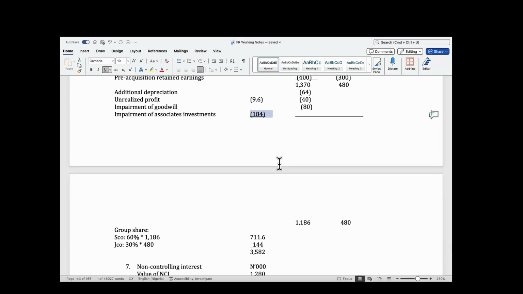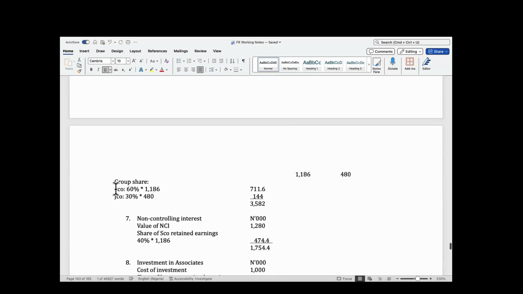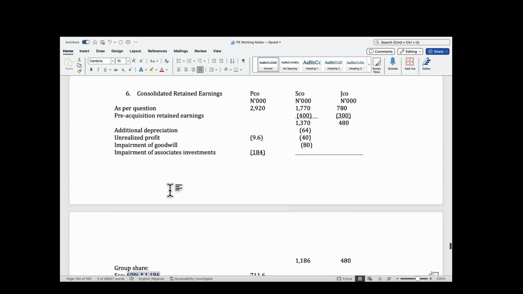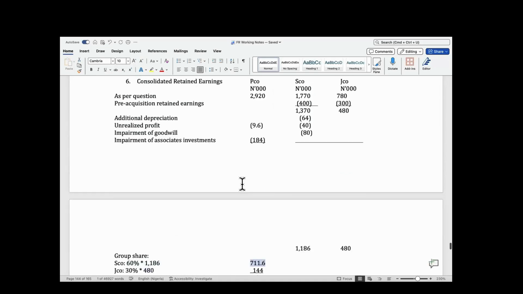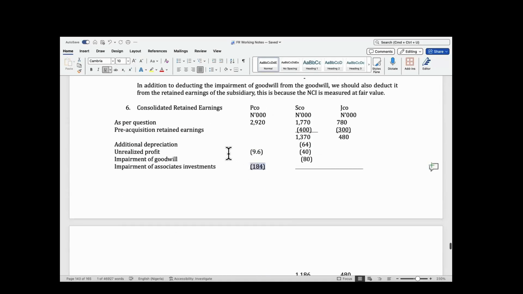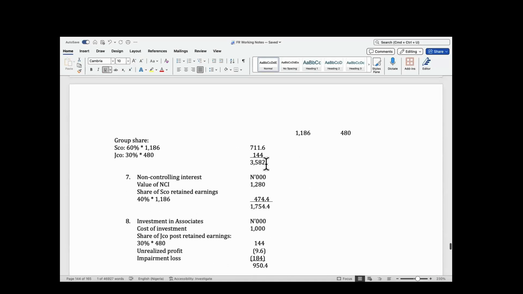So now, in ESCO, I'll take 60% of his remaining profits, which we got as 1186. I will take 30% of the profit of associates, which is this 480. So by the time I add my share of profit from the associate and the subsidiary to these other ones, I get the consolidated retained earnings of this.